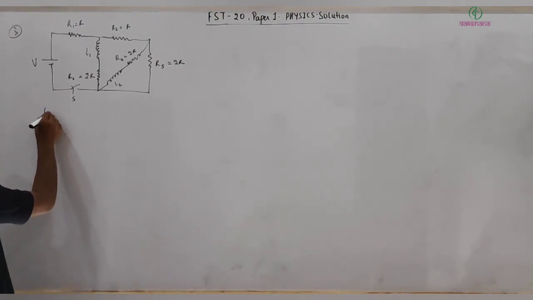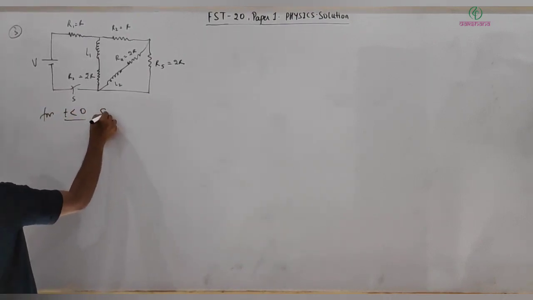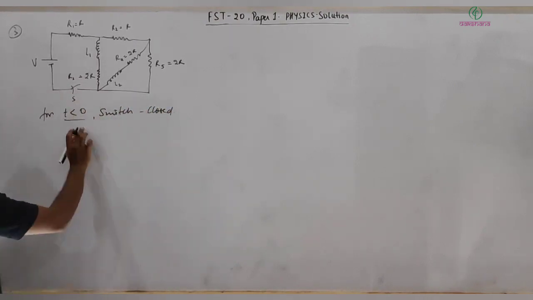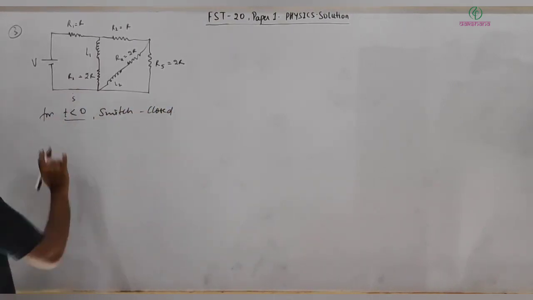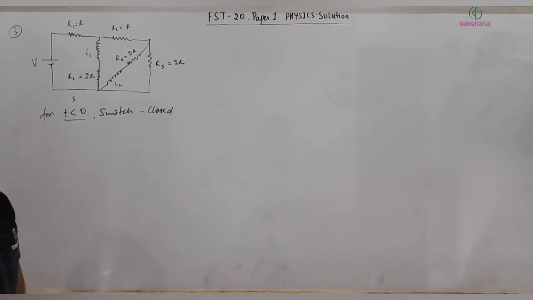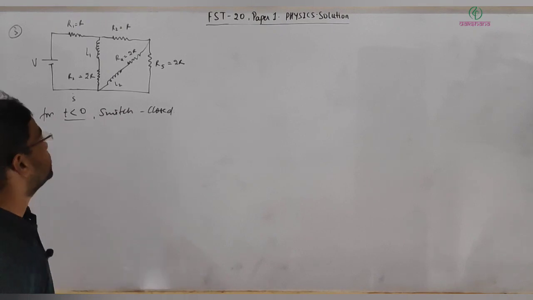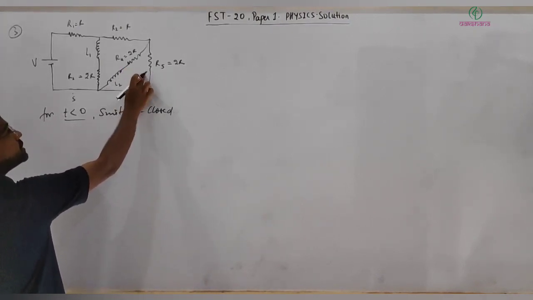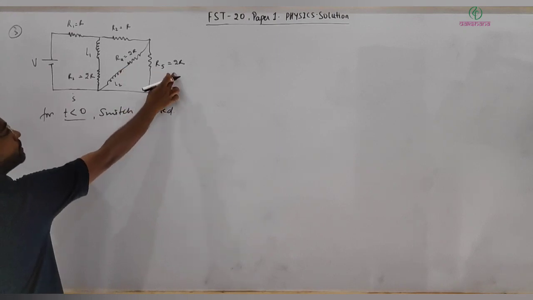So for t less than 0, the switch was closed. When the switch is closed, and that too for a long time, then we know how an inductor behaves. Inductor will behave just like a wire, is it? So in that situation, the circuit will have these two resistors in parallel, equal to simply 1 by 2R, 1 by 2R.